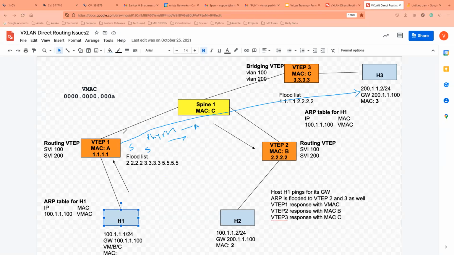Now, when you are encapsulating this, what should your outer source IP be? Physical VTEP IP or virtual VTEP IP? It should be the physical VTEP IP, 1.1.1.1.